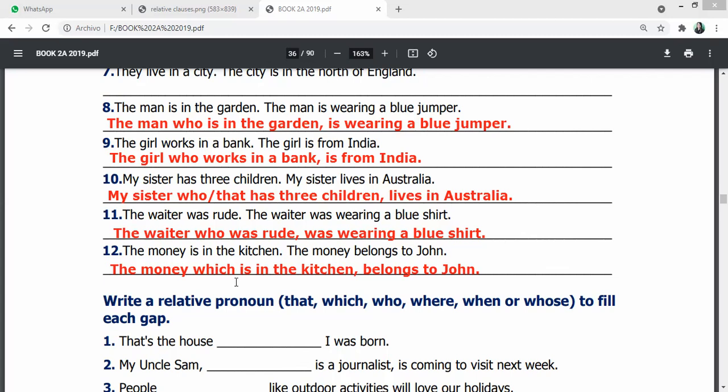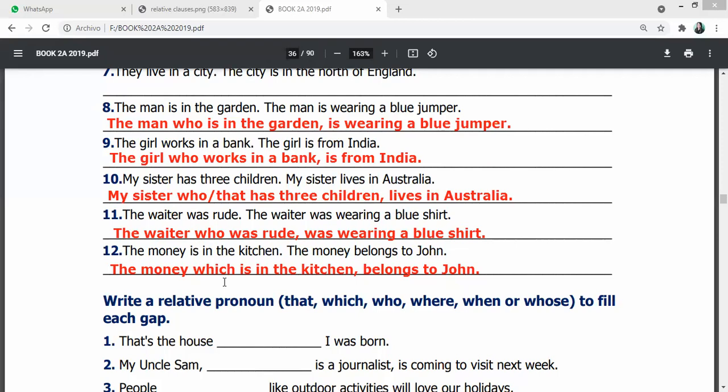Okay, non-defining, remember that it's when you add extra information. And defining relative clause is when you say necessary information. Information that is necessary in the sentence, okay? Okay. ¿Cuál de los dos, which of both has to use commas?